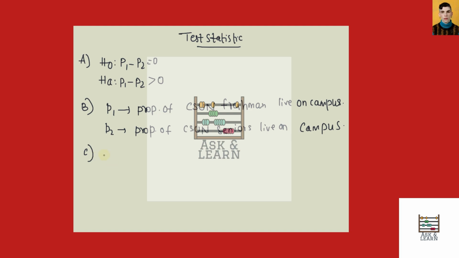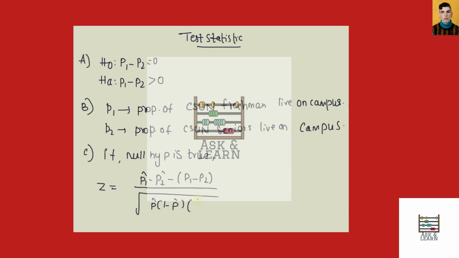For the C bit here, if the null hypothesis is true, then we have Z formula, that is P1 cap minus P2 cap minus of P1 minus P2 divided by square root of P cap into 1 minus P cap into 1 by N1 plus 1 by N2.